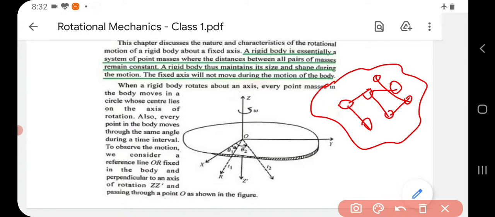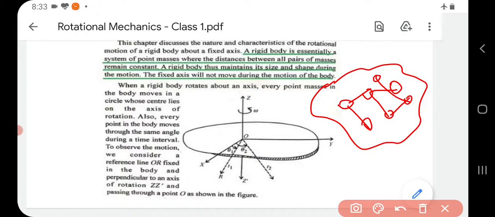So each of the distances between any pair of point masses will remain constant. So that is the concept of a rigid body. It is not having any particular shape or size. It is composed of a lot of point masses, and the distance between any pair of point masses is supposed to be a constant. Okay.